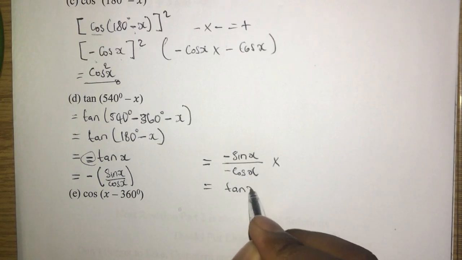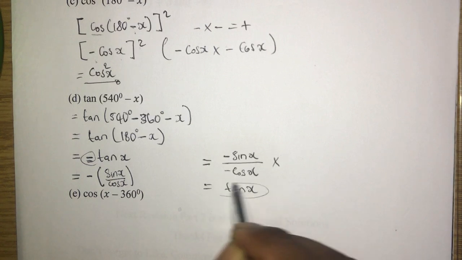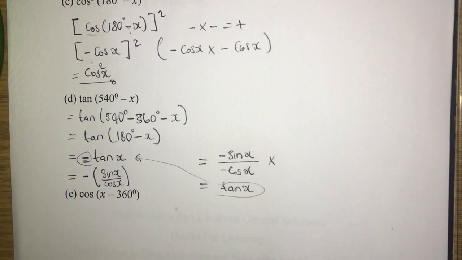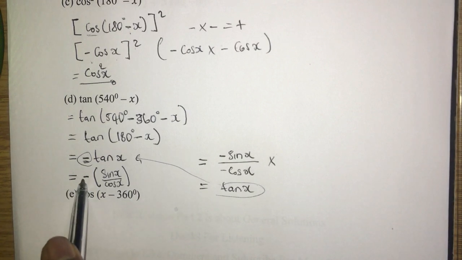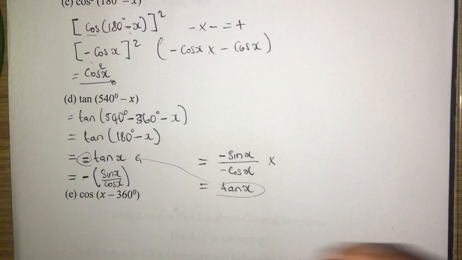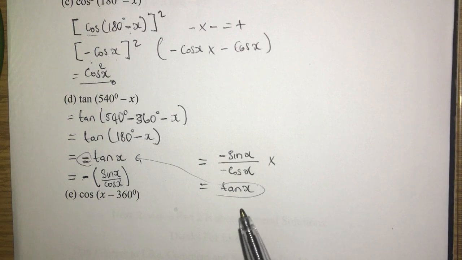Negative divided by negative is positive, so this one is not equal to this one. Do you see what I'm trying to say? Do not do those misconceptions. Put the negative sign aside, open the bracket and put that sine x over cos x, so that you can understand. This is very easy to simplify.